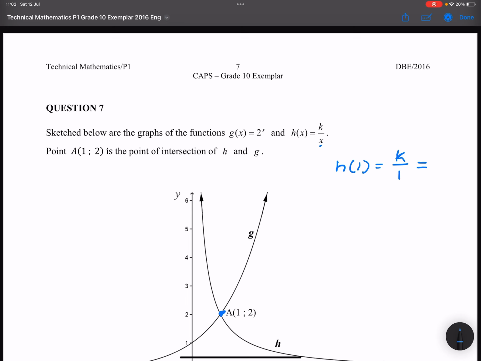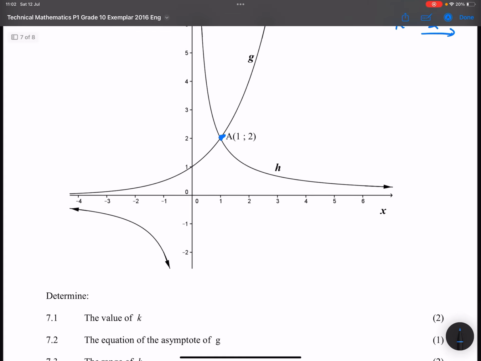My y value, h of 1, is equal to 2. So k over 1 is equal to 2, so therefore k is equal to 2.